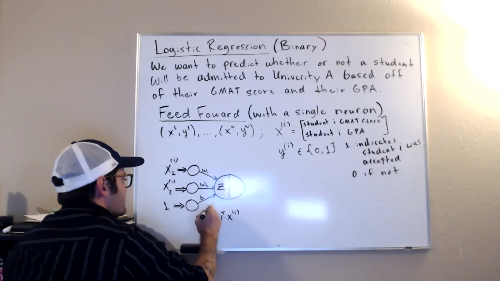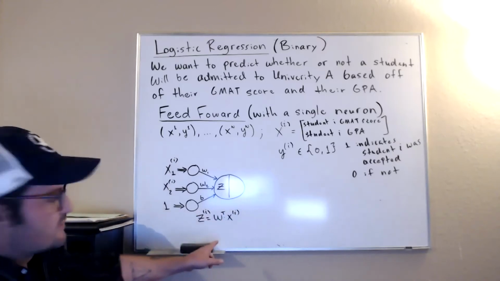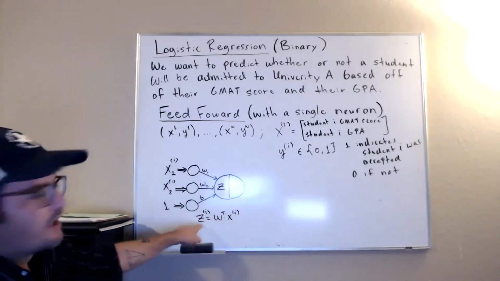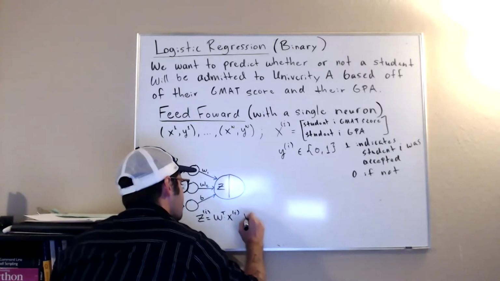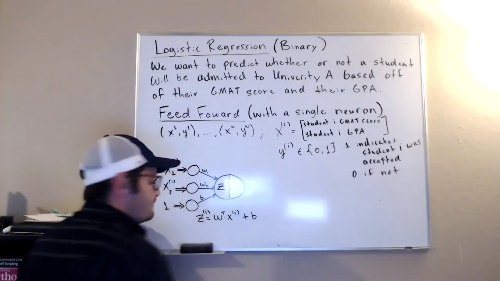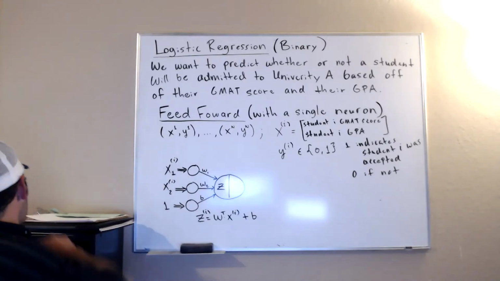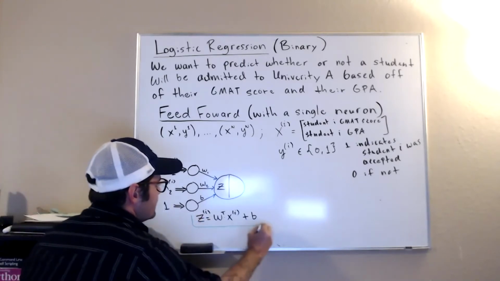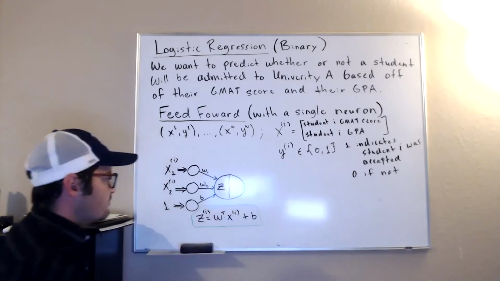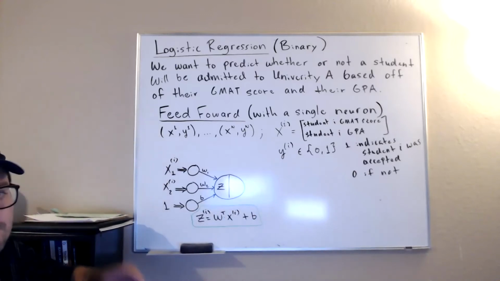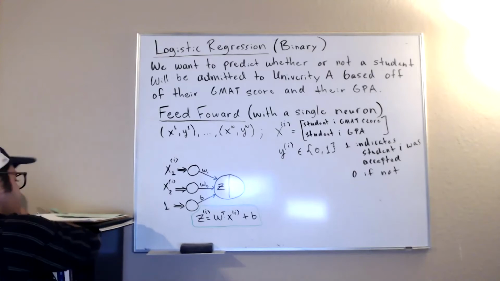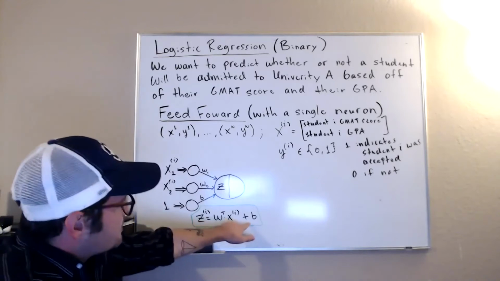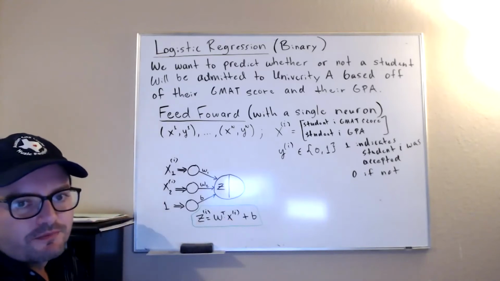This is for a given prediction. For a given feature vector i, we have a zi as our linear combination. It's very important that you know that the input z is a linear combination of the weights and the feature vector for i.